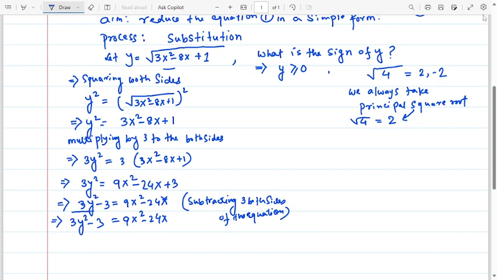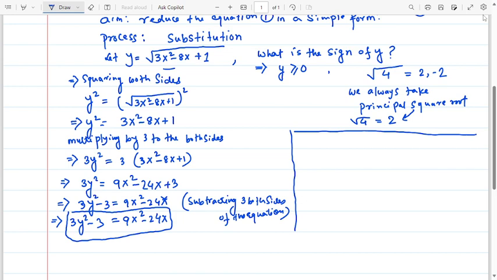Now please remember this one. So again we are going back to equation 1. From equation 1, what we are getting?